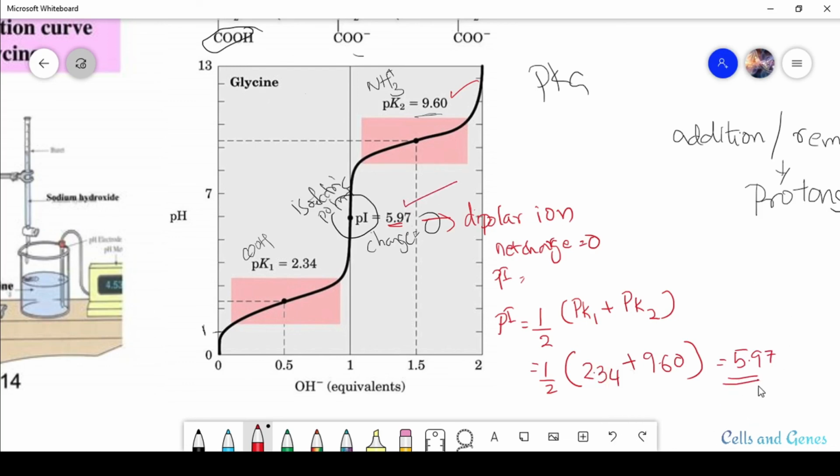So this is the isoelectric point for glycine, the simplest amino acid with no ionizable group in its side chain. It is this equation that we have to remember while calculating the pI value of simple amino acids without an ionizable group in the side chain.